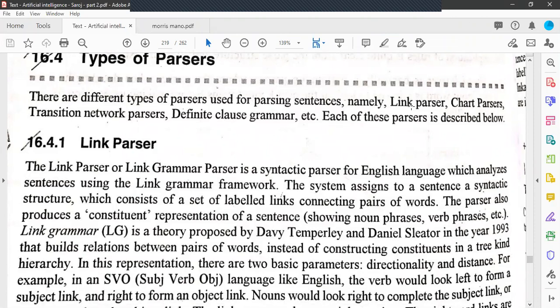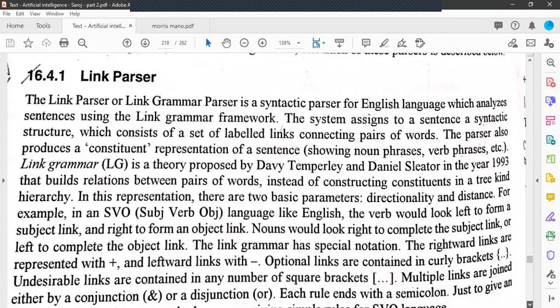The different types of parsers are link parser, chart parser, transition network parsers, definite clause parser, and there is one more, augmented transition network parsers. These parsers we'll look at as we go along.